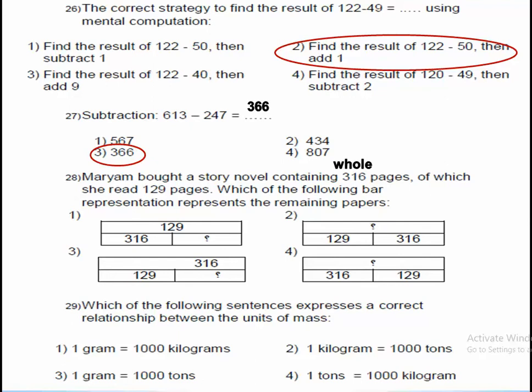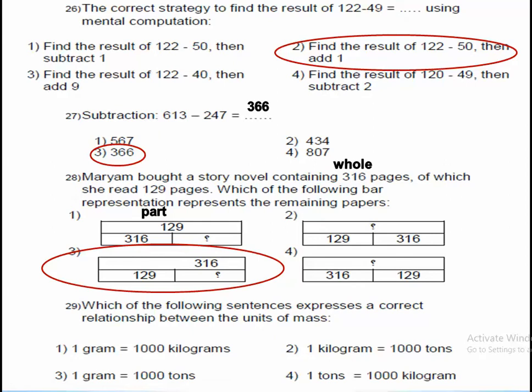We know that in a bar model we have whole, part, and part. The total number is the whole and this number is a part, so the whole must be put up and the two parts down. Here is not right and here is not right. Here is right. The right answer is 3.